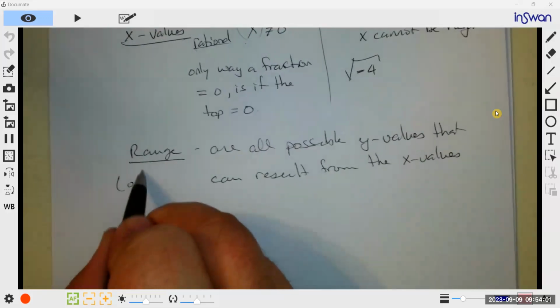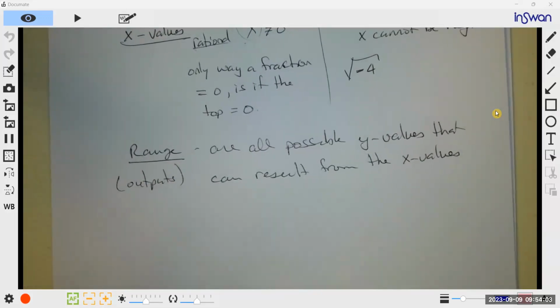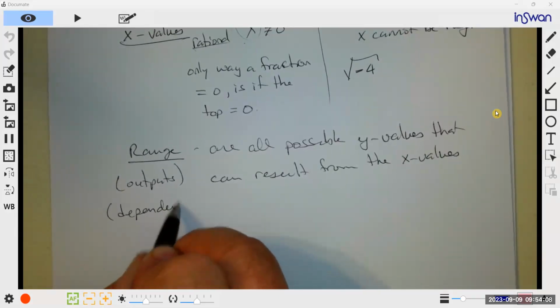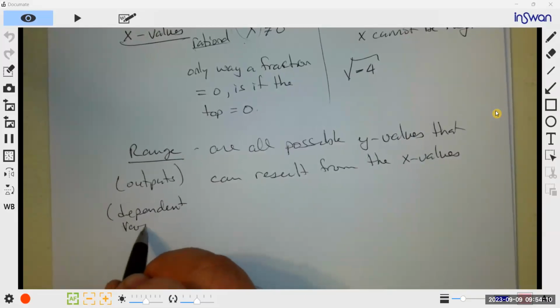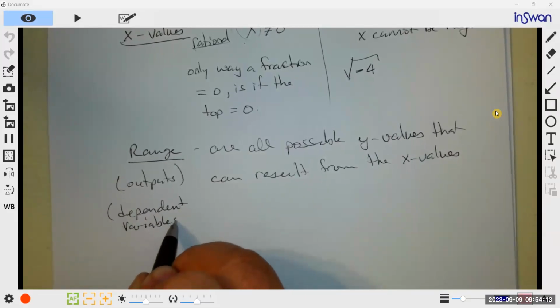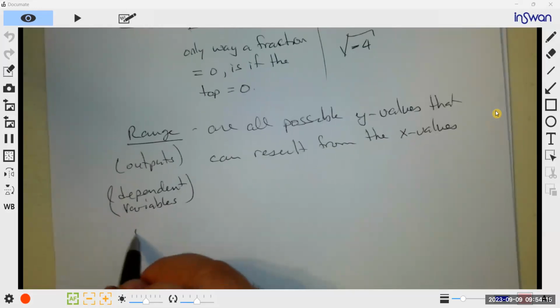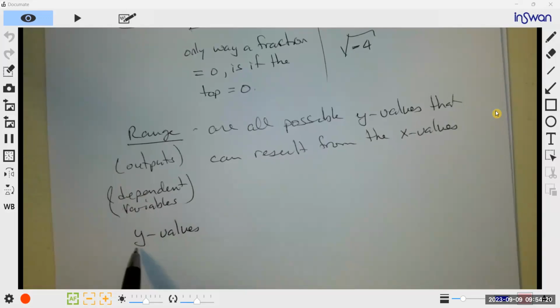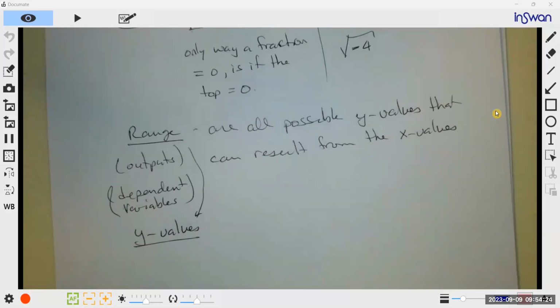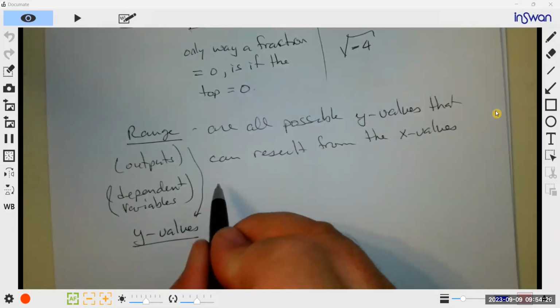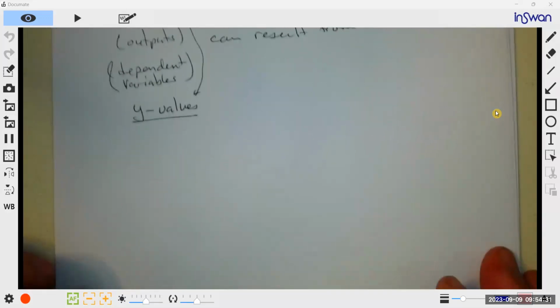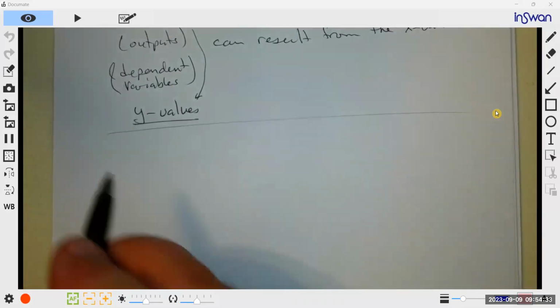These are the outputs. These are called the dependent variables. These are the y values. So the range deals with all possible y values. Let's look at these.